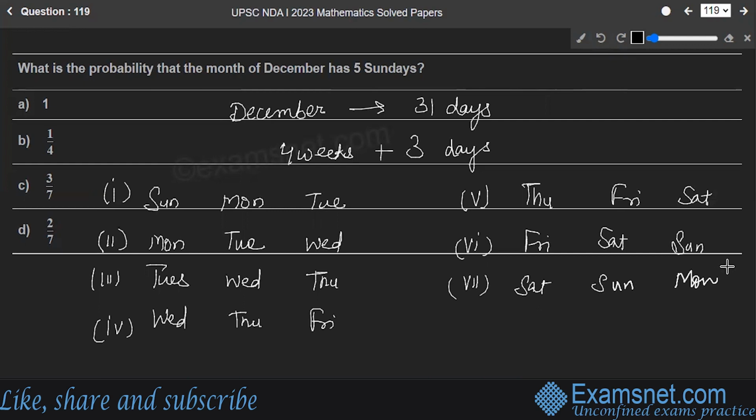All right, so next one, the repetition will start: Sunday, Monday, Tuesday.